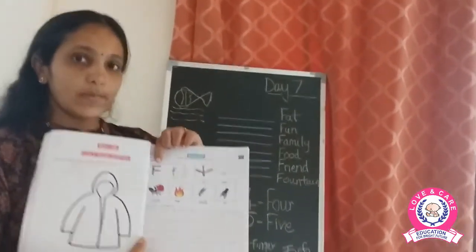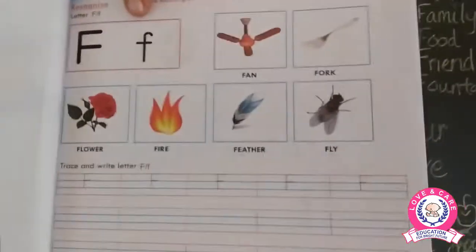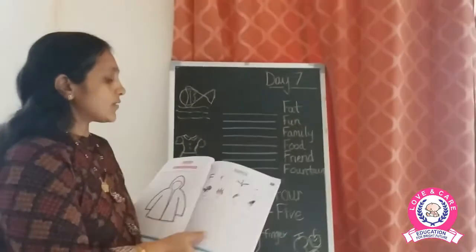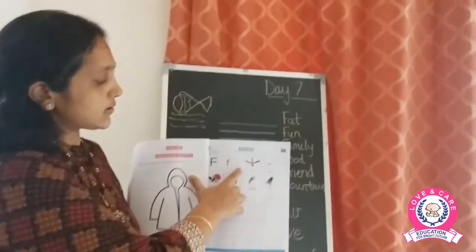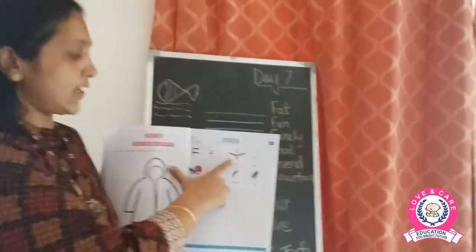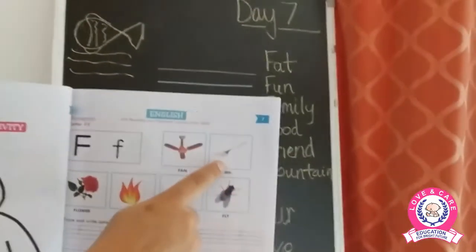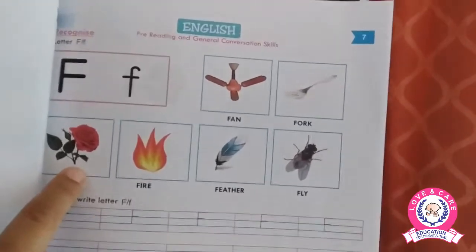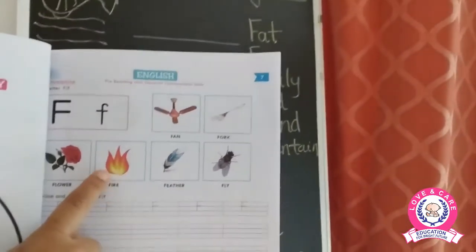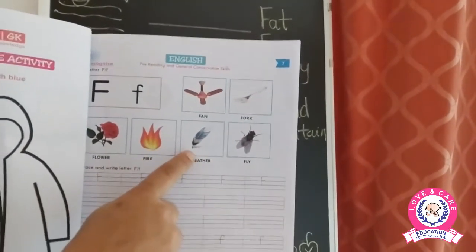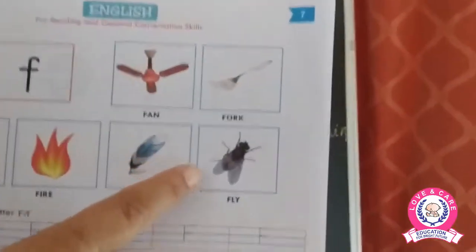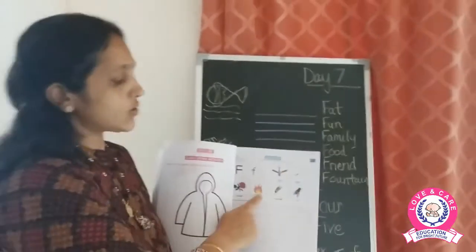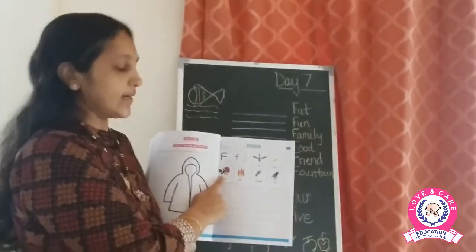So this is the mummy letter F and this is the baby letter F. First here we can see the pictures that start with the letter F. That is F for fan, F for fork, F for flower, F for fire, F for feather, F for fly. So these are the pictures and the objects that start with the letter F.